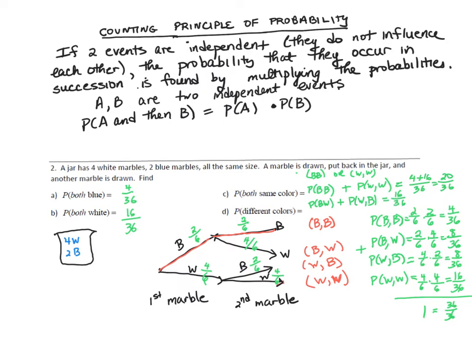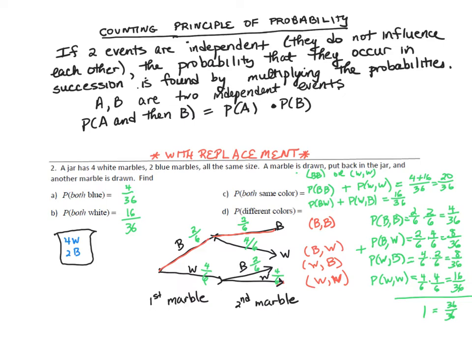And those would be the answer to the questions using the counting principle of probability. This problem is a problem called with replacement. And the older math books call these urn problems, but I've changed them to jar problems.